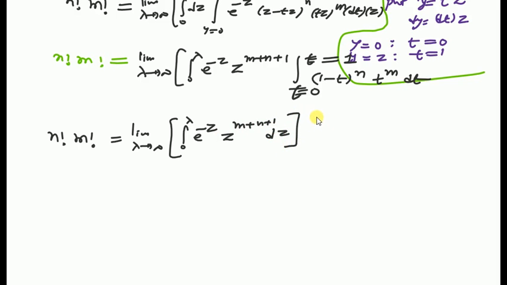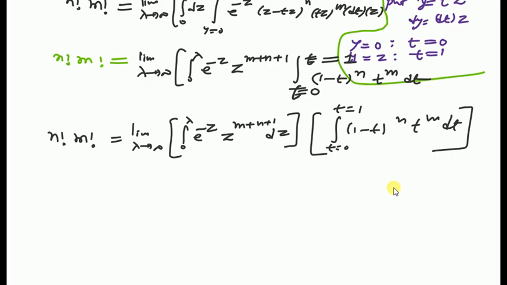Then the next integral will be only in terms of t, that is t from 0 to 1, 1 minus t whole power n, t power m into dt. So you observe clearly here, this is the beta function. So then what about the other integral?